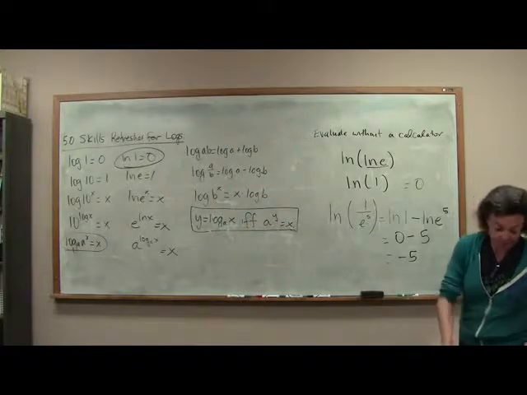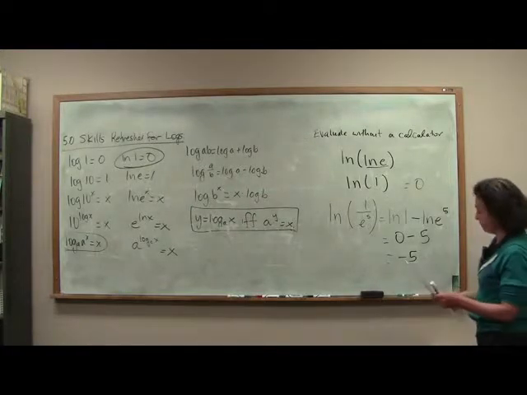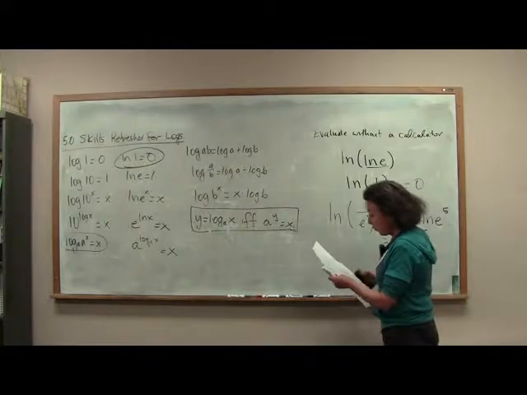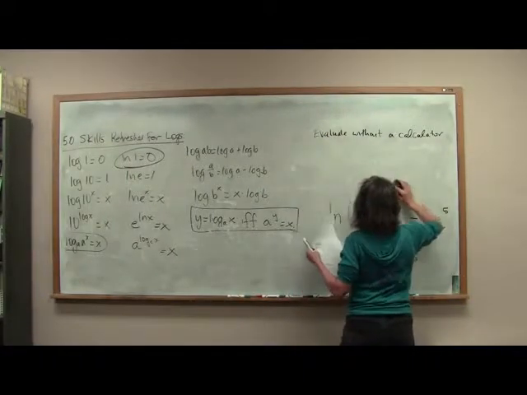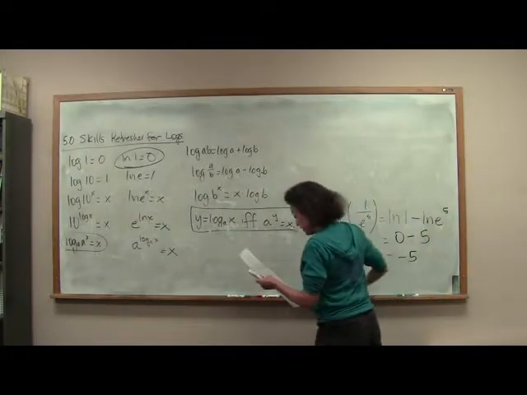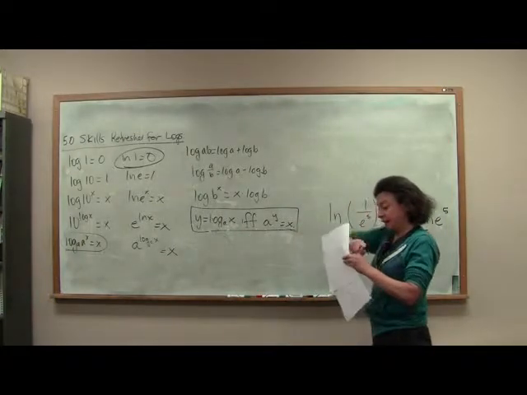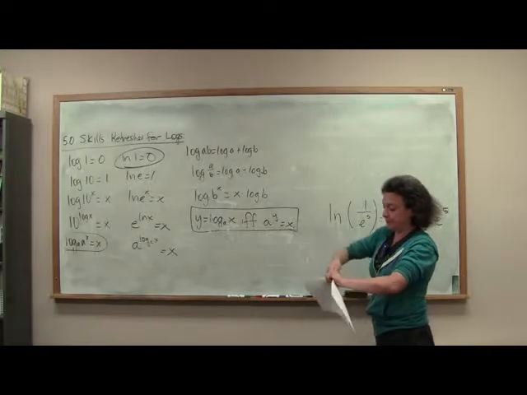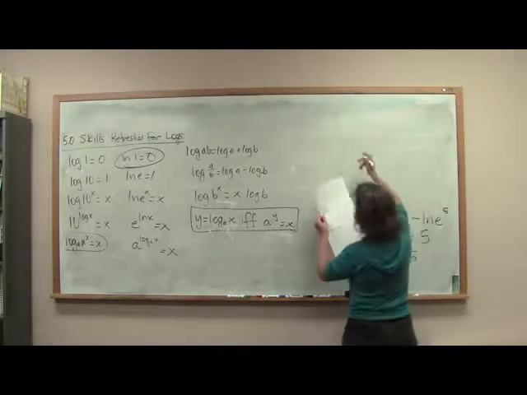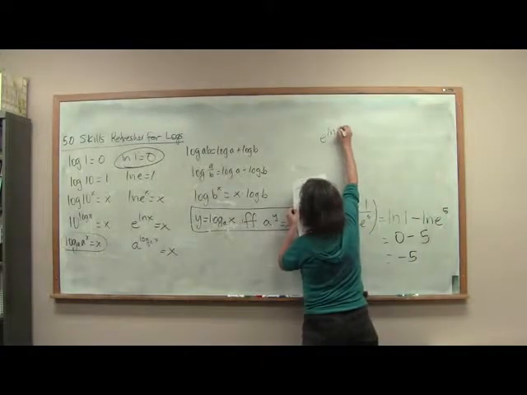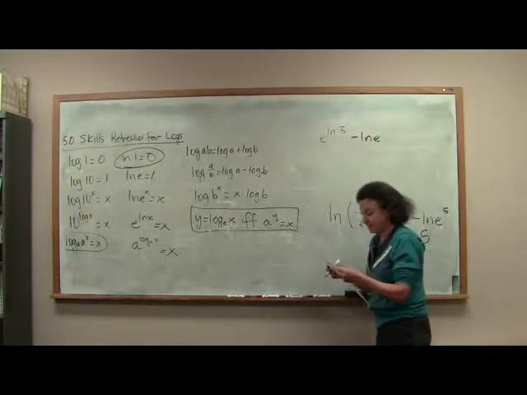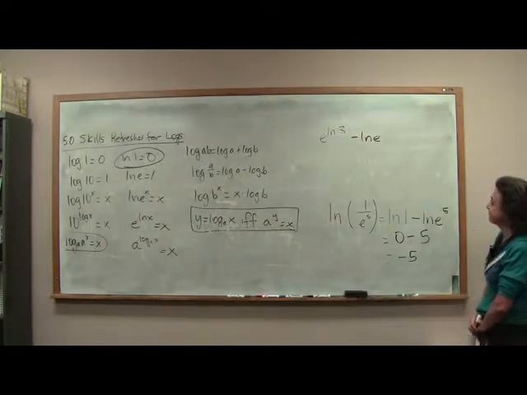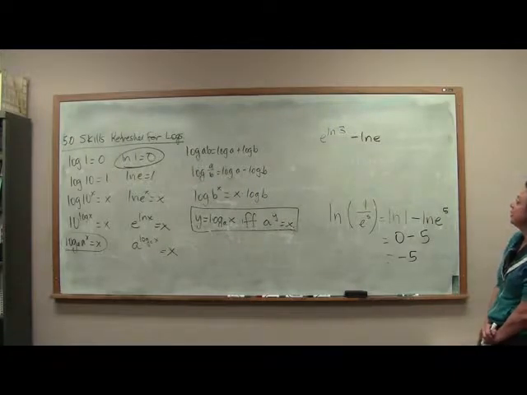Okay, let's do some more. What if I want to do this example? What if I want to compute e to the natural log of 3 minus the natural log of e? Okay.